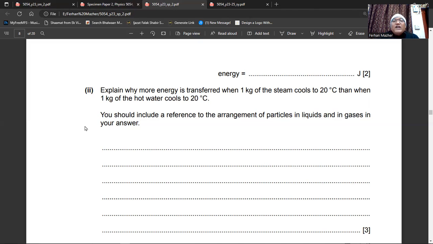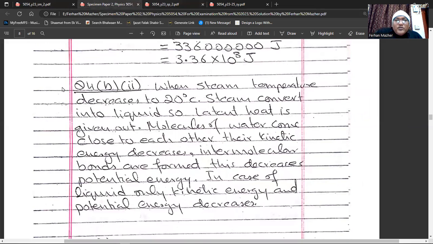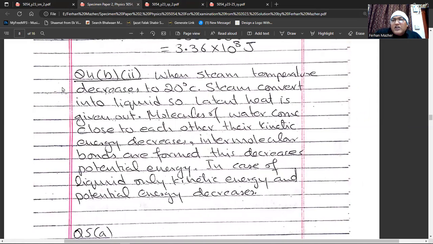That's why when the temperature of the water decreases from 100 to 20 degrees centigrade, or from any temperature to 20 degrees centigrade, it does not involve as much energy as the same thing with the steam, because in the water no latent heat is involved. So when you drop the temperature of the steam to 20 degrees centigrade, more energy is transferred. I hope you understand that the basic reason is the latent heat given out and the decrease in potential energy.